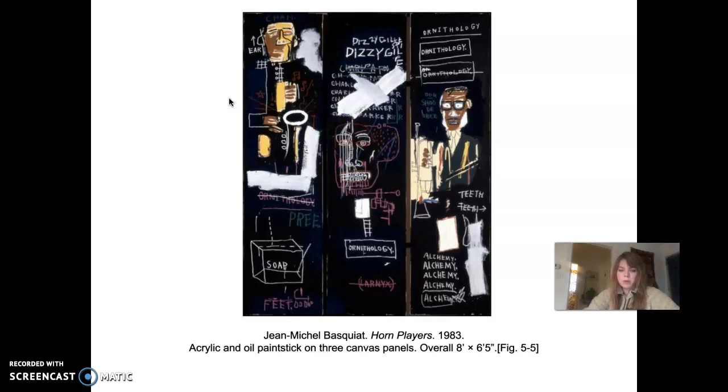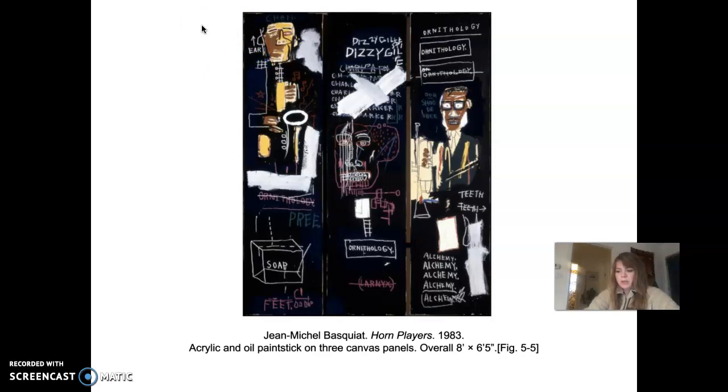He was a visual artist, though, he wasn't a musician like Charlie Parker. And he actually cut off his own ear, Vincent van Gogh did, because he was going through some mental issues. So this ear being cut off here may have reference to Vincent van Gogh, being cut off in his prime, basically.